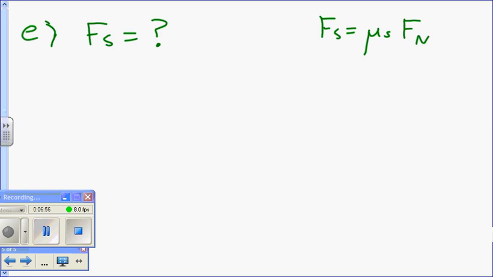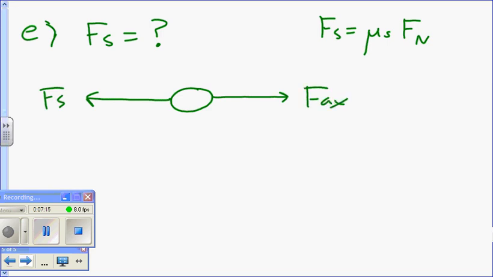The second way is to use the free body diagram, where we have static friction going this way, and we have FAX. Actually, I just wrote that backwards. Static friction is pulling them back, and FAX is pulling them forward.